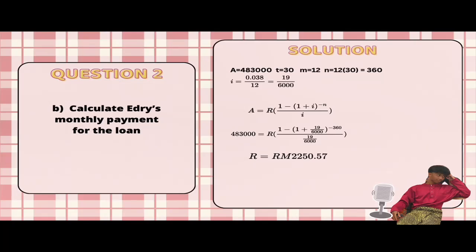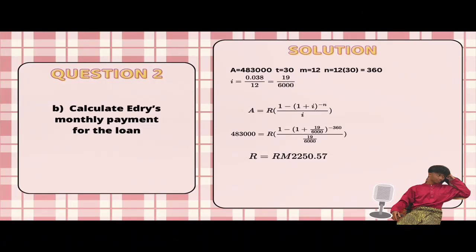A is 483,000 equals R, which we don't know, times 1 minus (1 plus i), where i is 19 over 6,000, and n is the power negative 360, over i, which is 19 over 6,000.